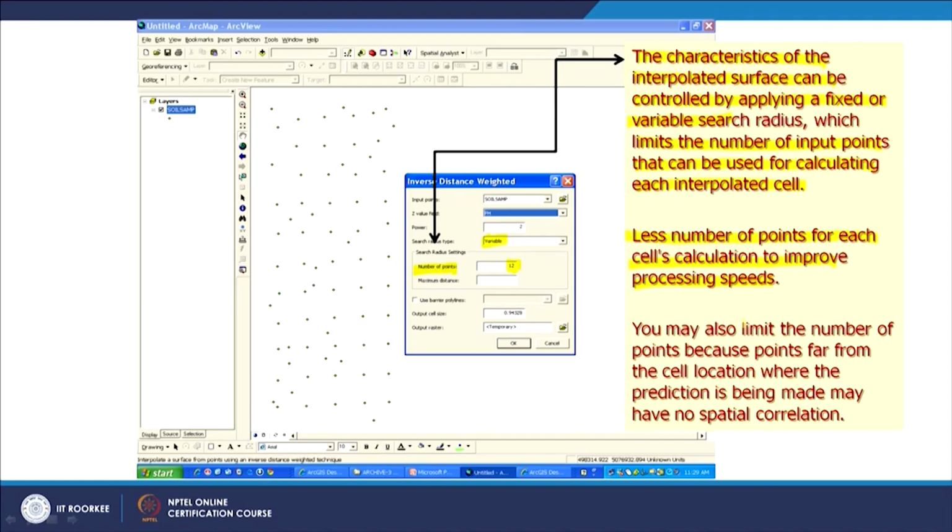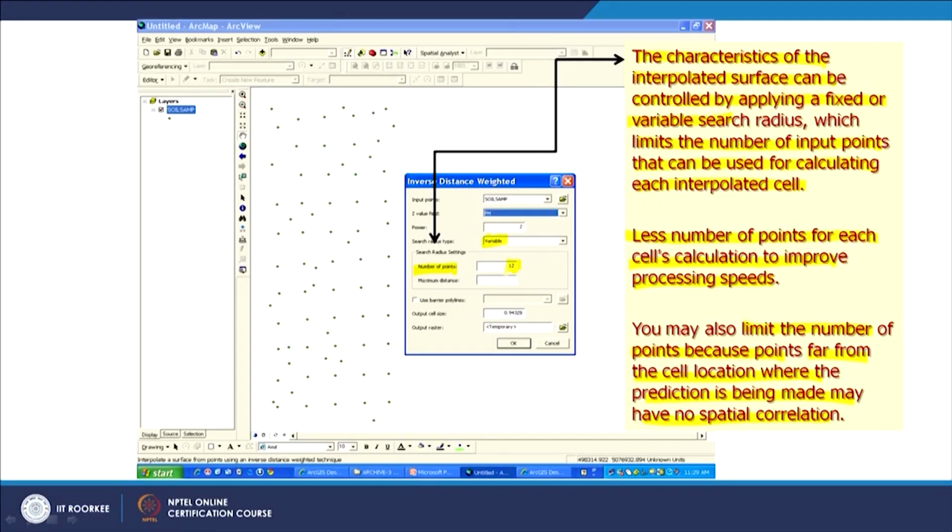One can also limit the number of points, because points far from the cell location where prediction is being made have no spatial correlation. That means if the points are very far, though we may keep a large number, as you know, they should not have any influence on the cell for which we are determining the value.